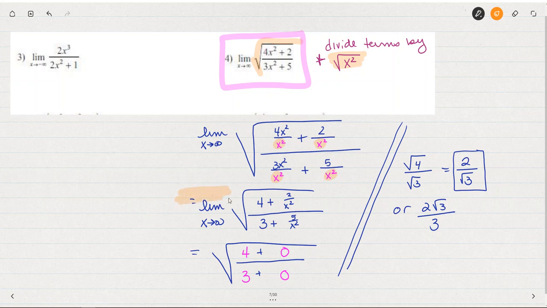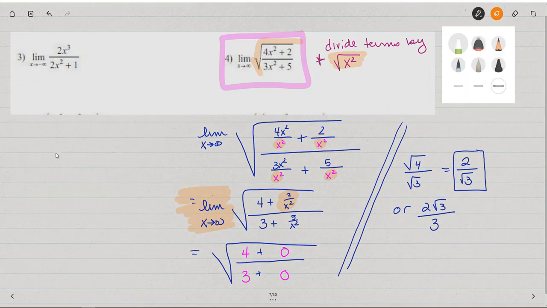Again, don't get lazy. Don't forget to continue writing out that this is a limit. And then when I do that limit, we've got the square root of 4 over 3. Because what is the limit of 2 over x squared as x approaches infinity? As x approaches infinity, that denominator gets to be huge, right?